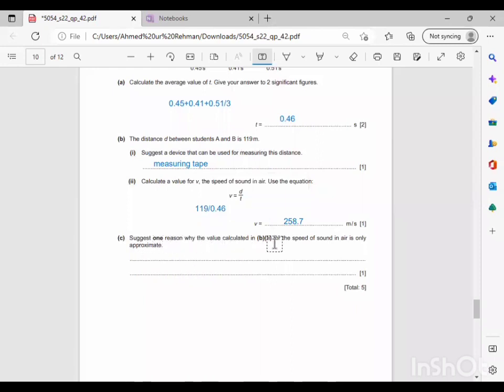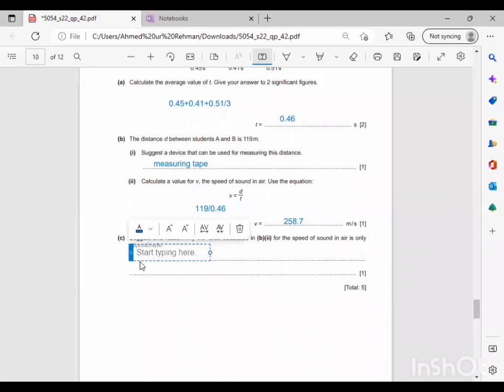Suggest one reason why the value calculated for the speed of sound in air is only approximate. Okay, so why would a speed value be approximate? Because when you're calculating speed, you're using this formula, and in this formula, time has an error, and that error is called reaction time error.